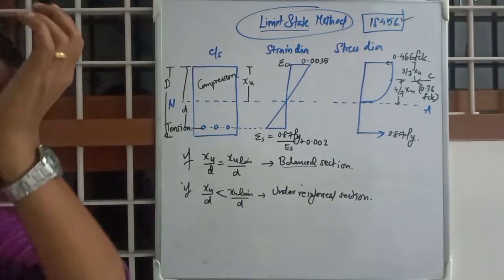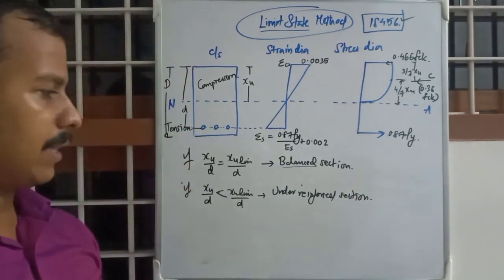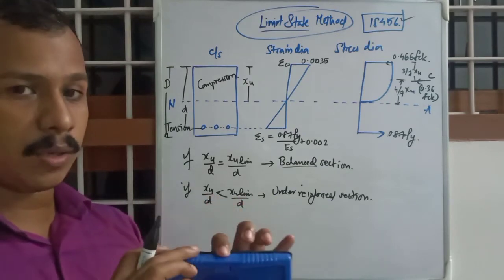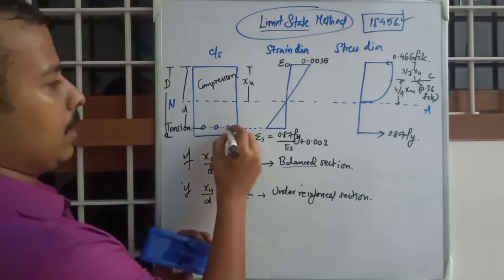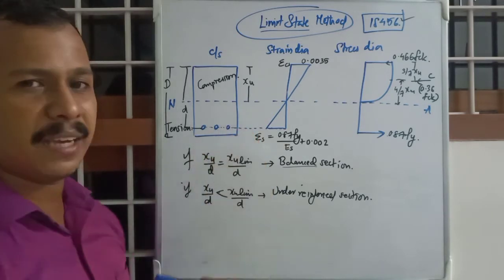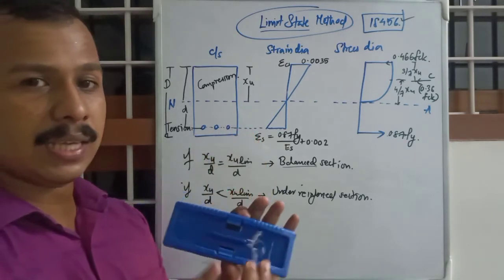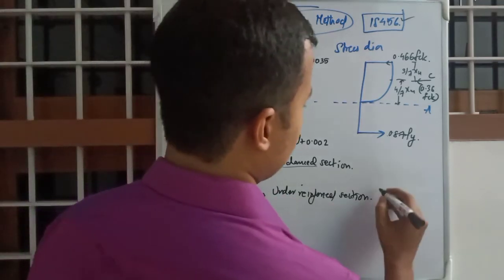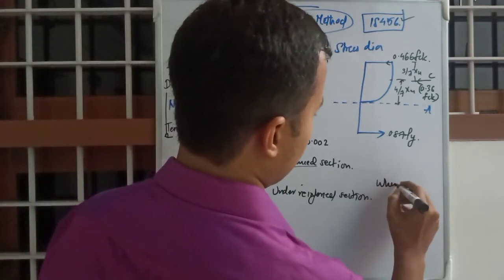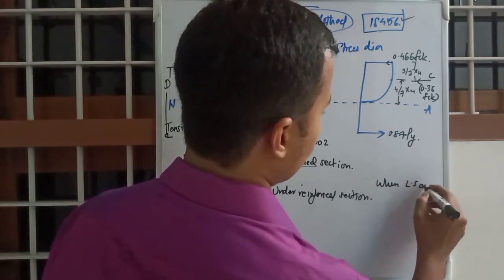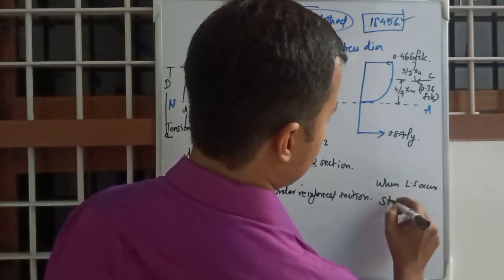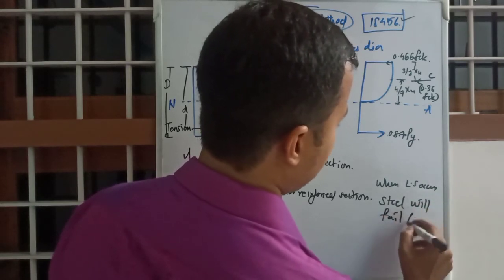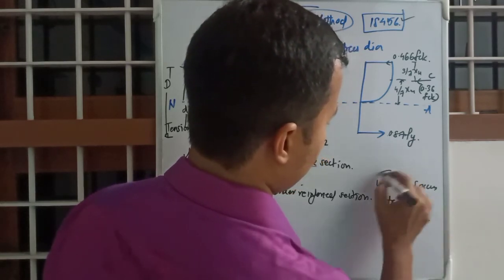Under reinforced section means that when limit state occurs, steel reinforcement will fail first because it is the lesser one. When limit state occurs, steel will fail first.